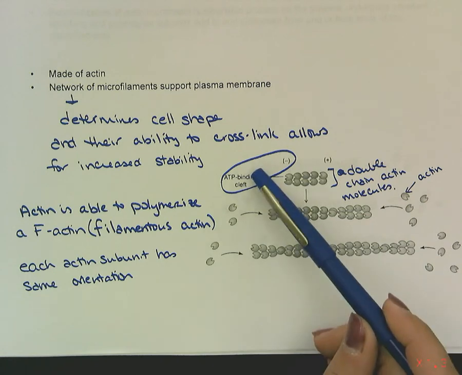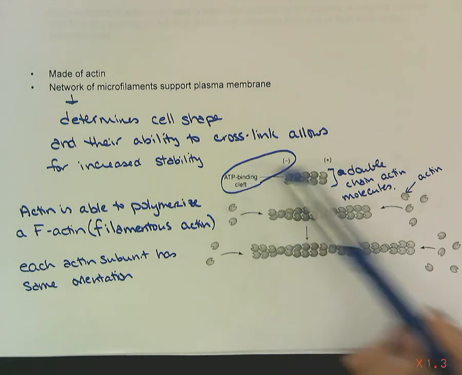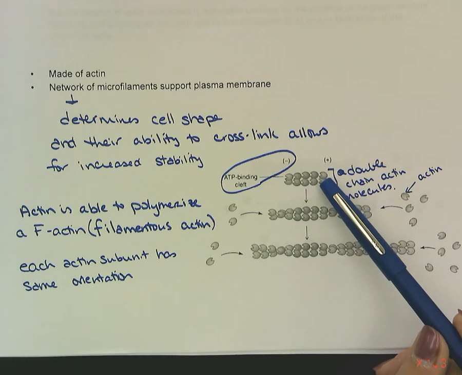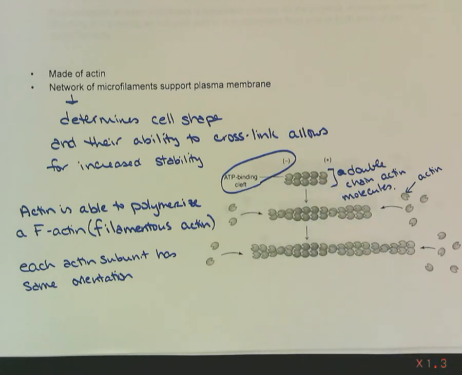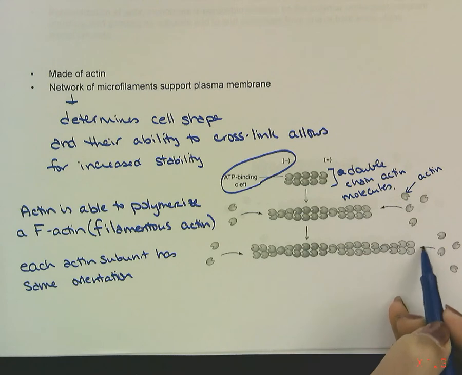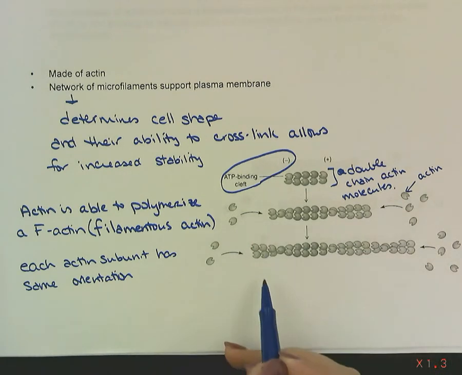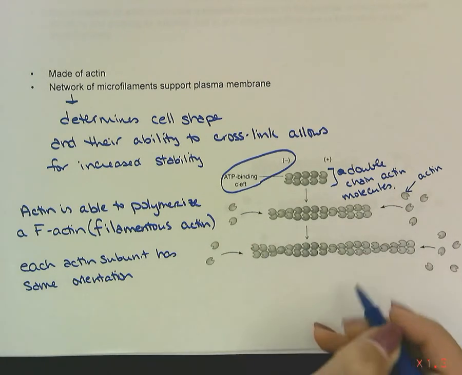If this is an overall negatively charged end because of the ATP, by default, this one is more positively charged because the net molecule has to have a charge of 0. And this is also able to polymerize, so that more of the actin are going to bind to this end than to this end because of just the way the charge lines up.